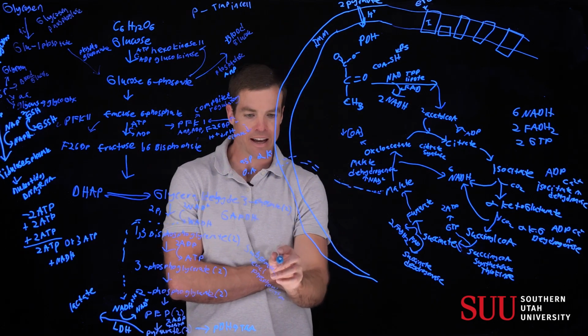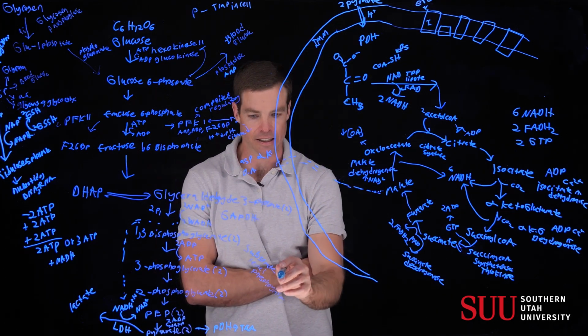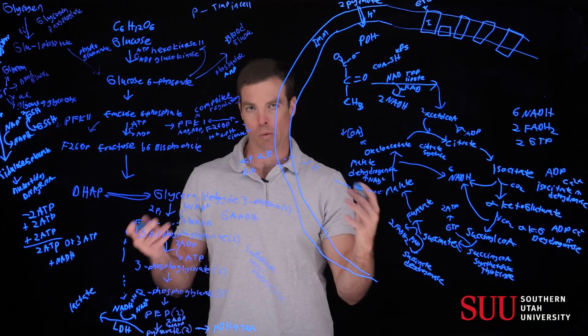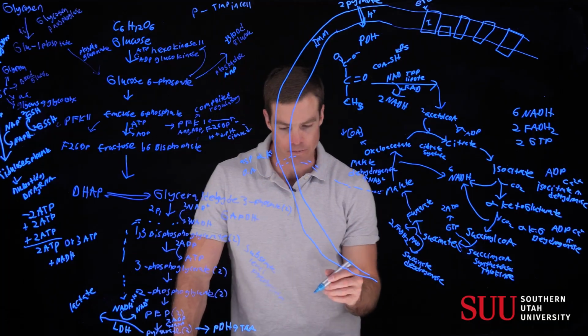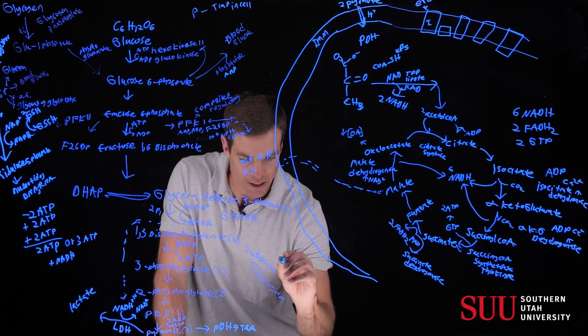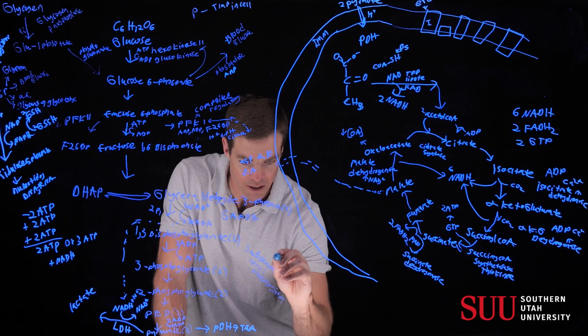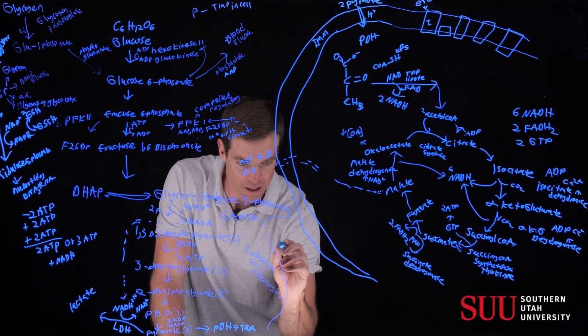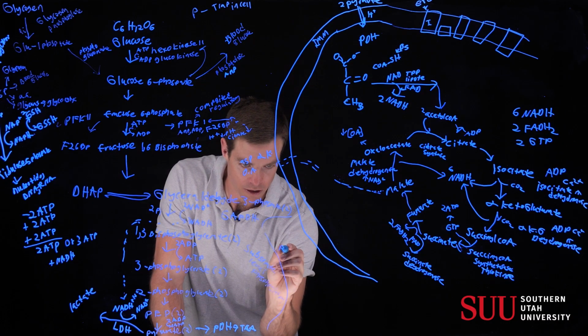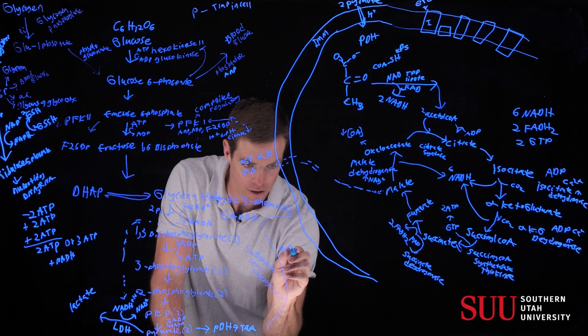So we have a fatty acid that we want to oxidize, right? So the very first thing that we need to do is, well, let me just draw one here. Okay, so let's go like this. And we'll have our basically our group.